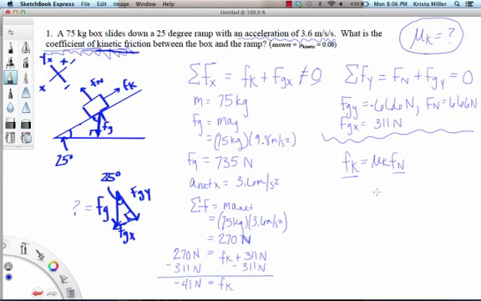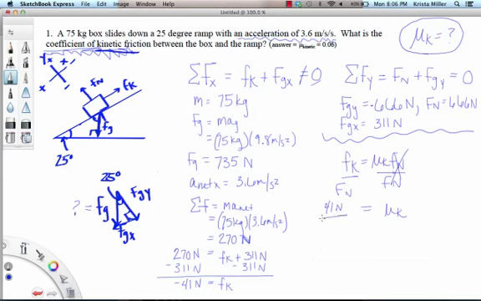So now I want mu sub k. I'm going to divide both sides by my normal force and get mu sub k equals force of kinetic friction, which is 41 newtons. And again, I'm taking out the negative because at this point it doesn't matter.